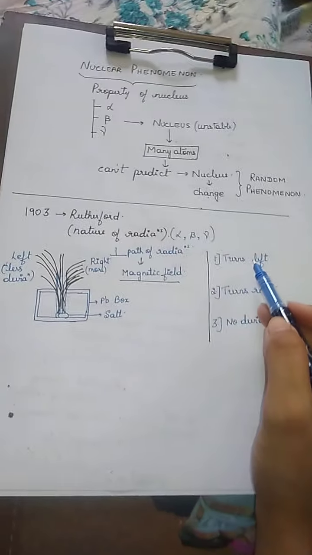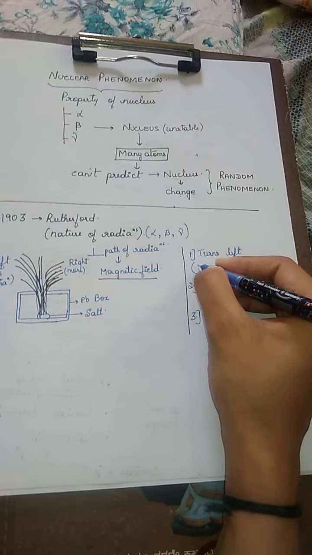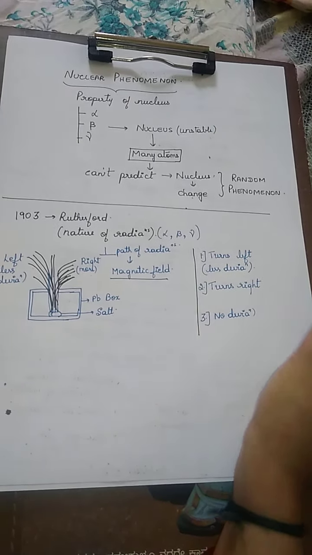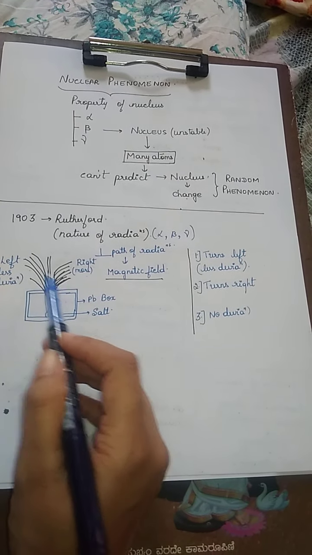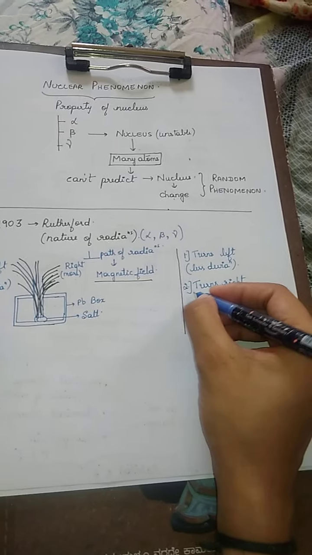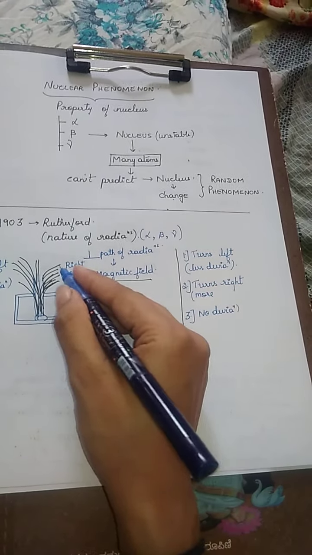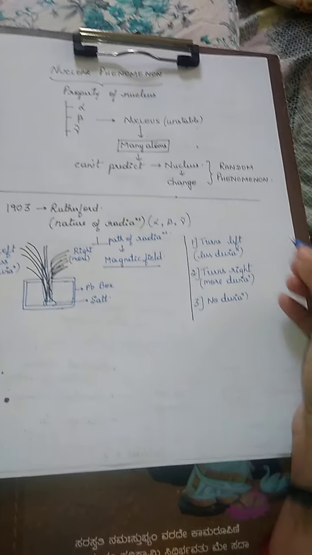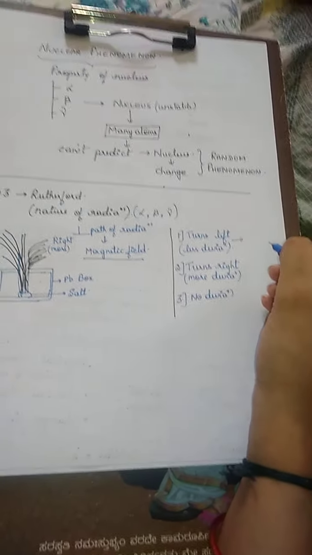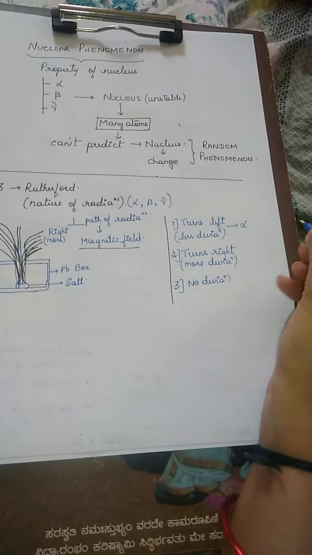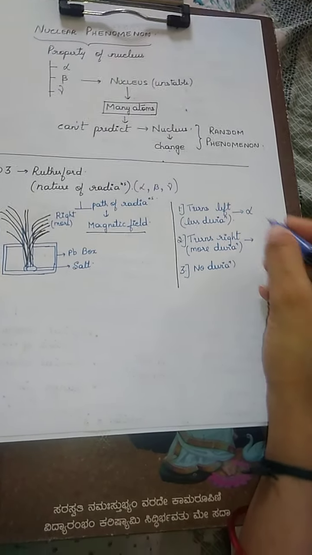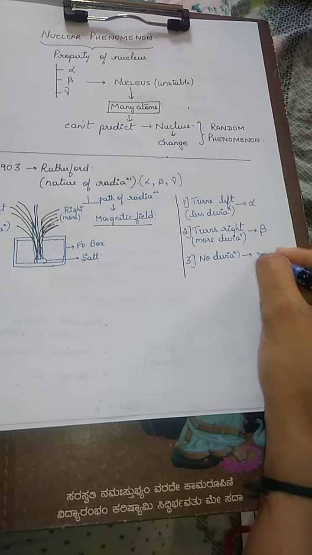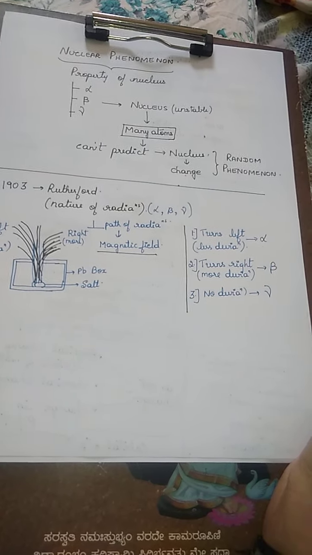The one turning left has less deviation than this one, and the one turning right has more deviation. The one that is turning to the left is called the alpha rays, the one turning to the right is called the beta rays, and the one with no deviation or no change is called the gamma rays.